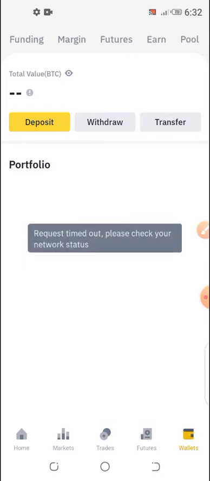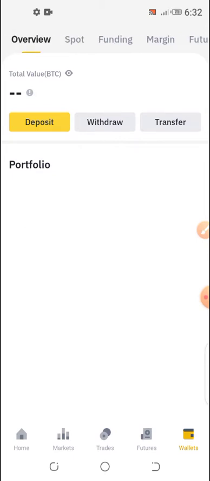Binance tries to group whatever you are doing into different wallets, separating it. It's just like having different bank accounts. Maybe you go to a particular bank. In the same bank, you choose to have a savings account, you choose to have a current account in the same name, and you can also choose to have a domiciliary account. So it's just a similar thing for separation.